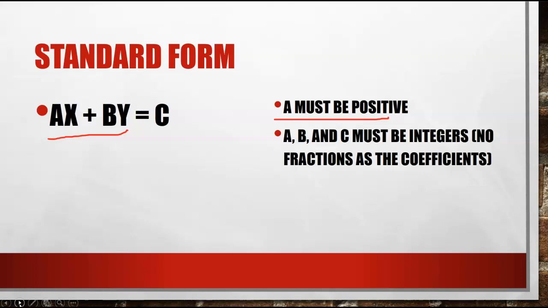So again, you took down that definition on a slide earlier, just reiterating those key points to try and reinforce them. So it's ax plus by equals c. A has to be positive, and they must be integers.